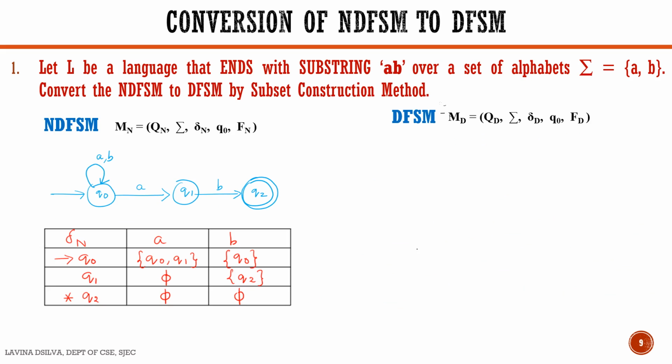In the last step of conversion, we will find out the transitions delta D of the DFSM. Now, in order to find the delta D of DFSM, we need the QD states of DFSM.